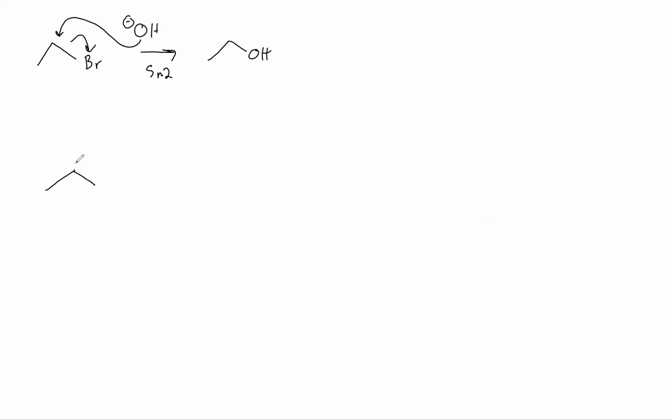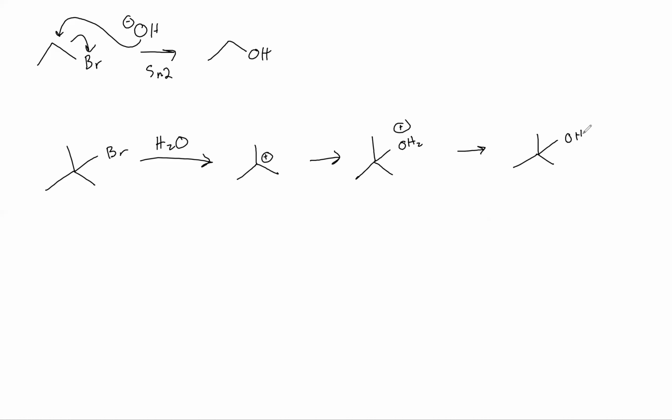So if we have something that's very substituted and we use a weak nucleophile like water, we can still replace it by first creating our carbocation, then adding our nucleophile, and then deprotonating, and we end up with our alcohol. So just by doing a replacement reaction, a substitution reaction, however you want to call it, we can create an alcohol. We've been doing it since the very beginning. Are there any questions with that?